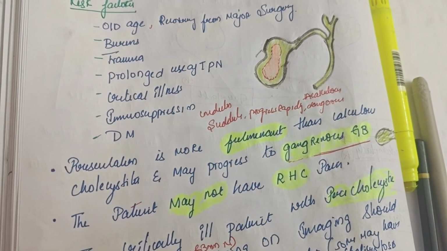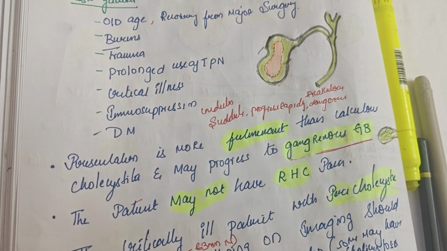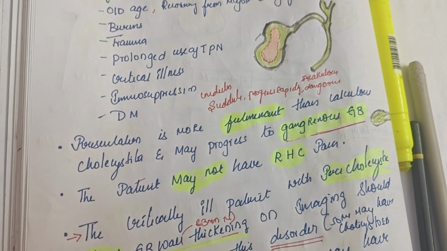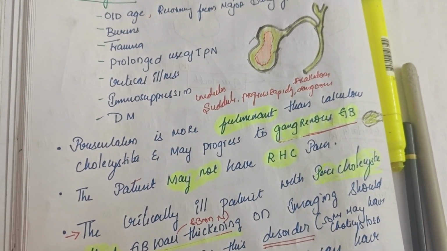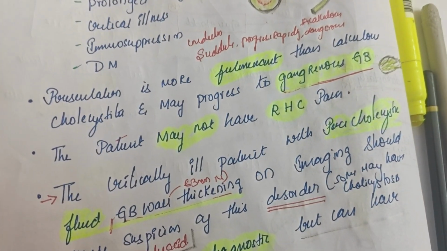So these are the risk factors: old age, burns, trauma, prolonged use of TPN, critical illness, immunosuppression, and diabetes mellitus. In these conditions, the presentation is more fulminant.